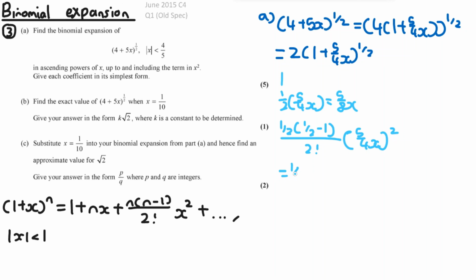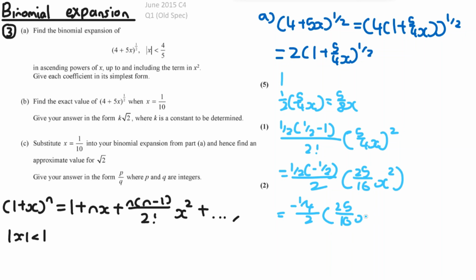So we can simplify this to a half minus a half over, and then 2 factorial is just 2, and then it's going to be 25 over 16 x squared, and then this is going to be equal to minus a quarter over 2 of 25 over 16 x squared, which is going to be equal to minus 1 over 8 times 25 over 16 x squared, which is going to be equal to minus 25 over 128 x squared if you put it into a calculator.